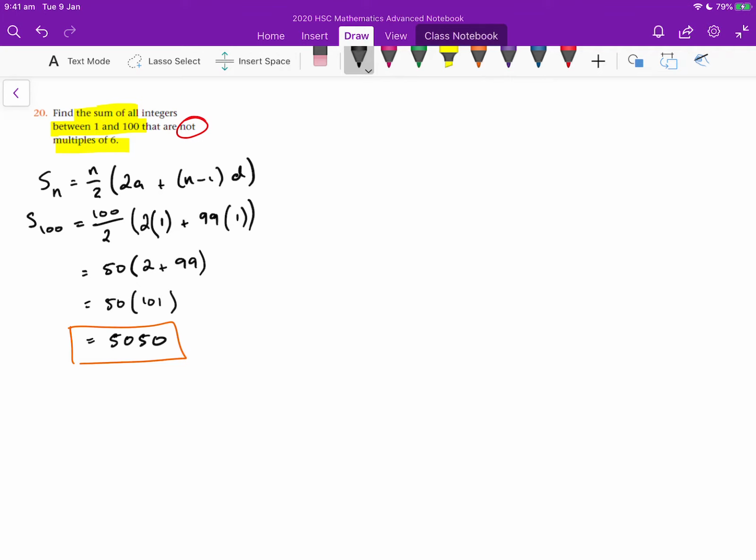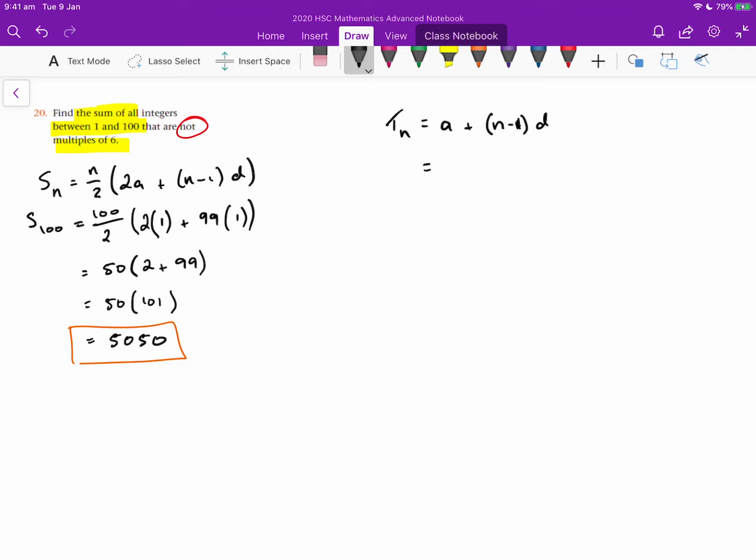Okay, for this next one, we're going to find out what an expression might be for the multiples of 6 series. So we'll start with the terms of a series and the formula for that one, which is the one I've just put up: a plus n minus 1 d.